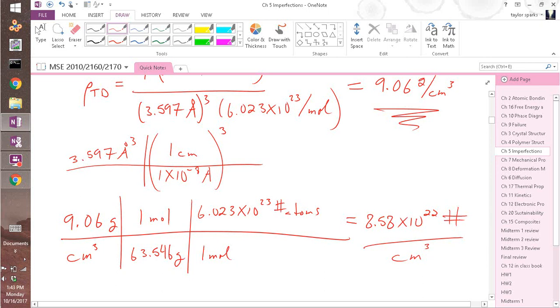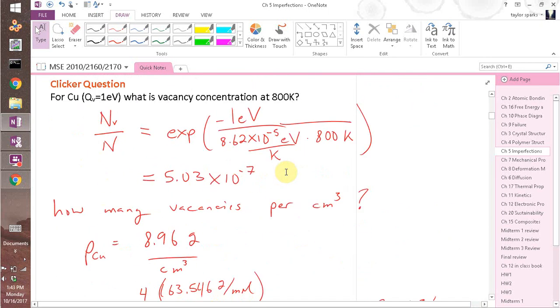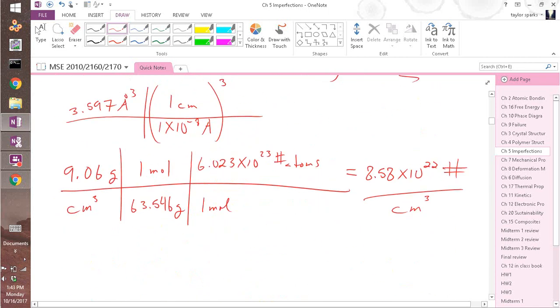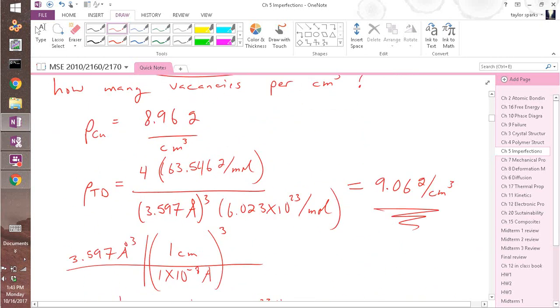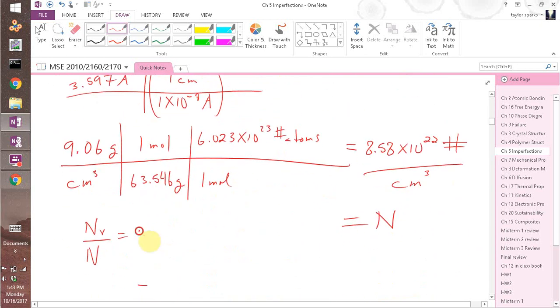And then we know the fraction of sites that are vacancies. We just solved that previously up here. We said that is NV divided by N, right? So right down here, this equals N. So if you want to figure out the number of vacancies, you're going to say NV over N equals, what was it? 5.03 times 10 to the negative 7.